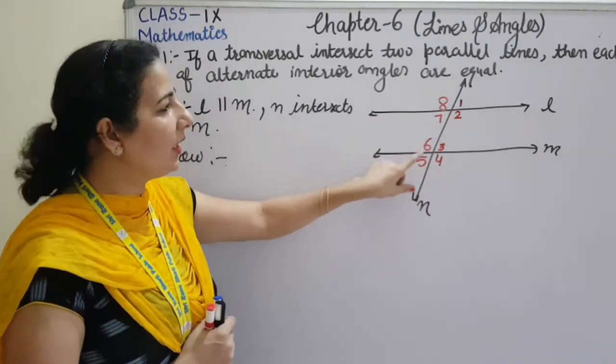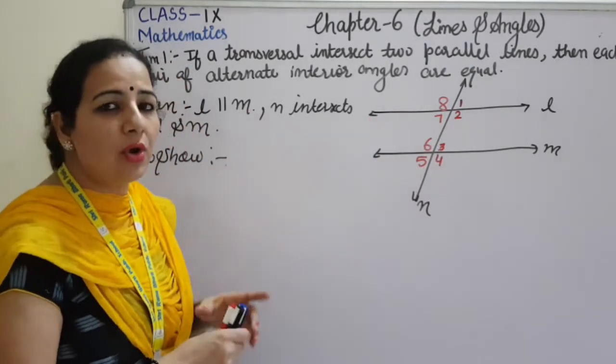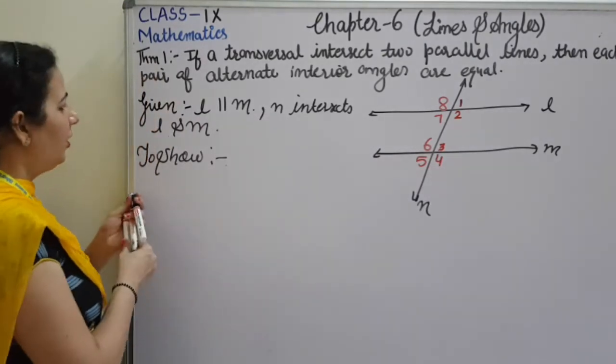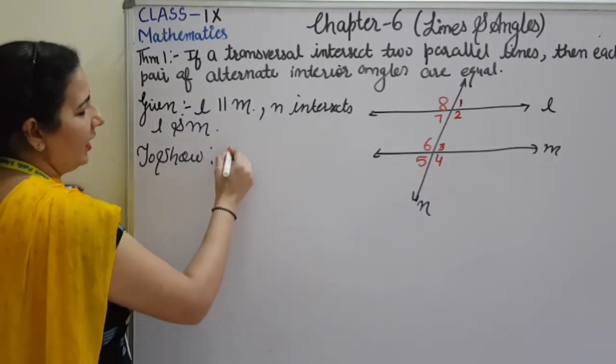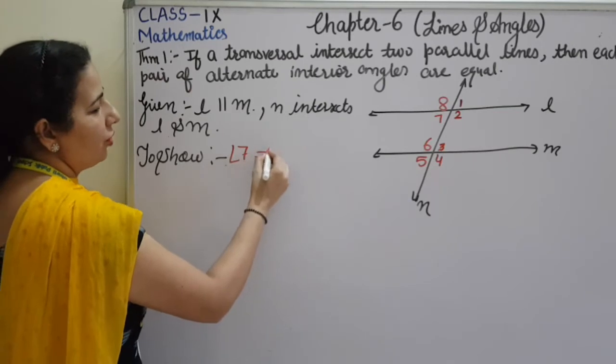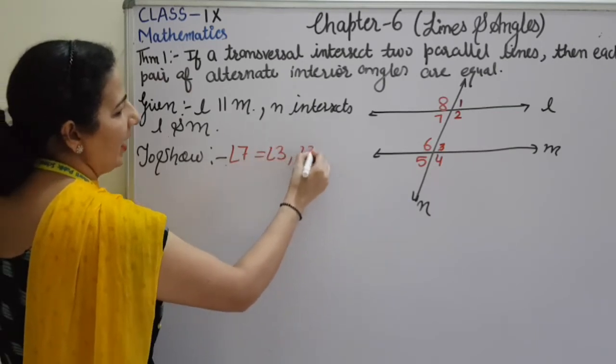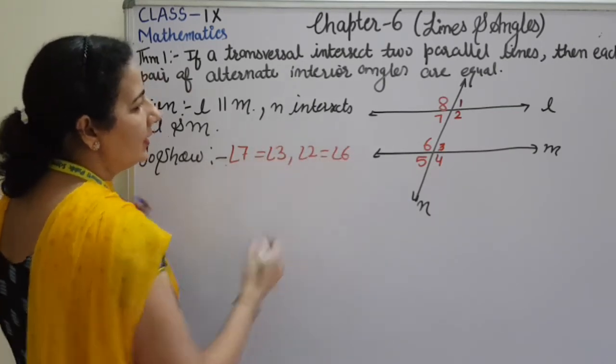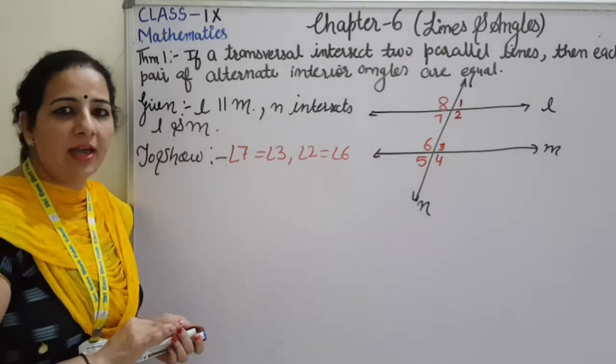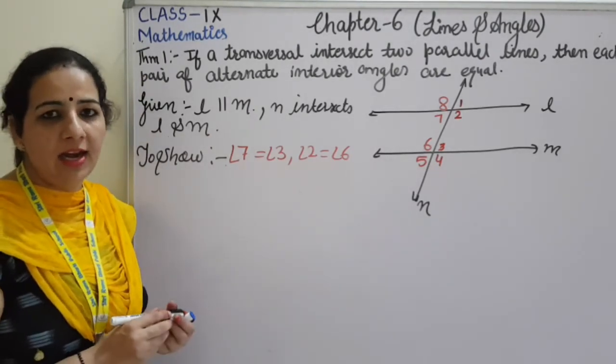As I have given the names in my diagram, here I can write to show: we have to show angle 7 is equal to angle 3 and angle 2 is equal to angle 6. We have to show that each pair of alternate interior angles are equal.